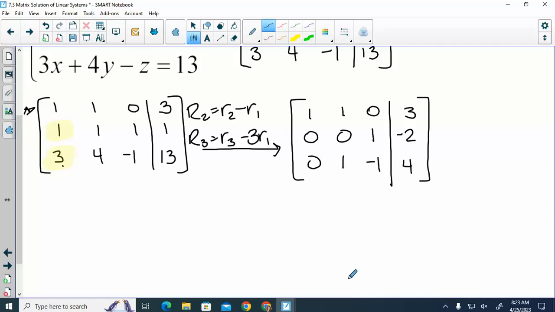All right, what do we need next? A 0 in row 2, and we have a 1 in row 3. Yeah, let's just flip rows 2 and 3. Row 3 equals row 2, or row 2 equals row 3, either way.